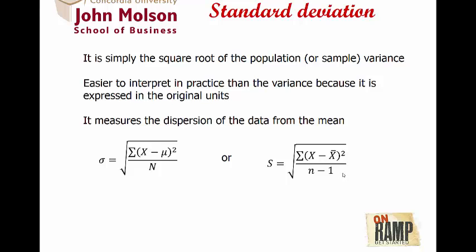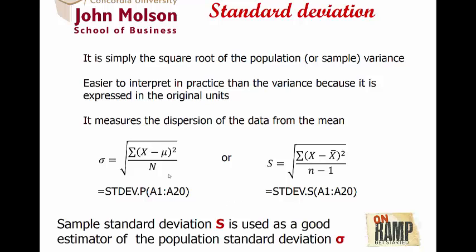This is in the original units of my data. The function is STDEV.P or STDEV.S for sample. And this sample standard deviation S, as we said, is a quite good estimator of the population standard deviation sigma.